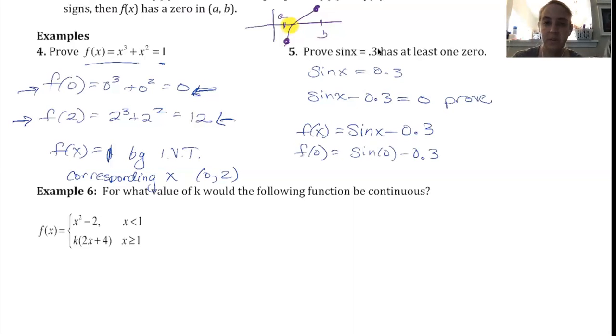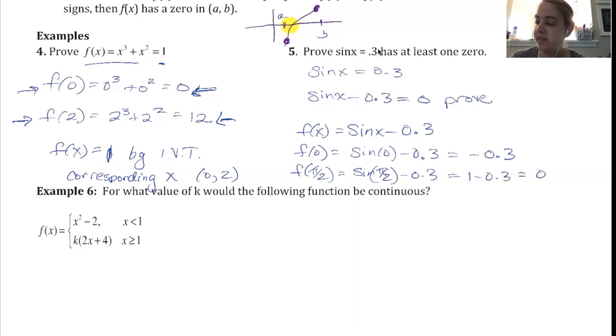Sine of 0 is 0, 0 minus 0.3 is a negative 0.3. Then I'm going to try out f of pi over 2. So sine of pi over 2 minus 0.3. Remember, we're in radians, so pi over 2 is at the top of the unit circle. Sine of pi over 2 is 1, so this is 1 minus 0.3.